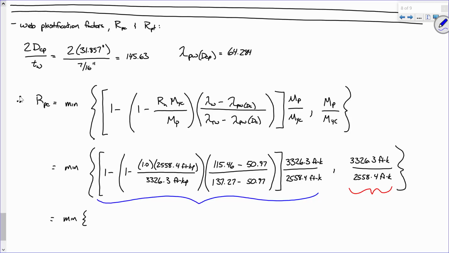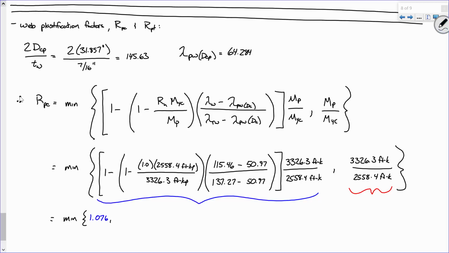So what does the blue term come out to be? What's the first one? 1.0158. Is that what you got? 0.75. So maybe 0.758, maybe 0.76. Something like that.